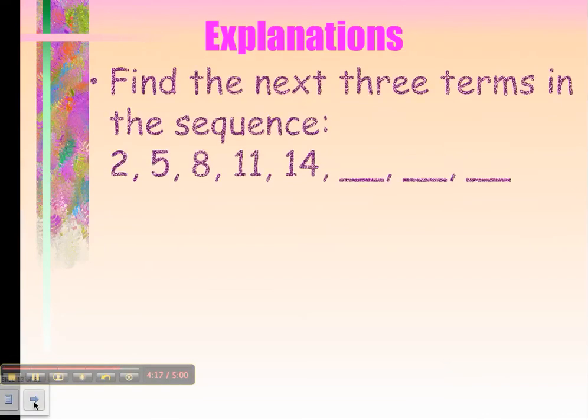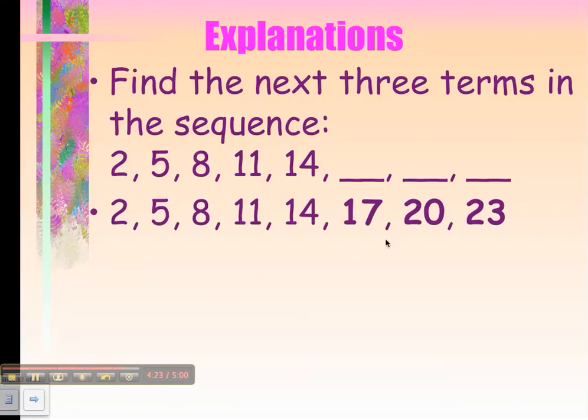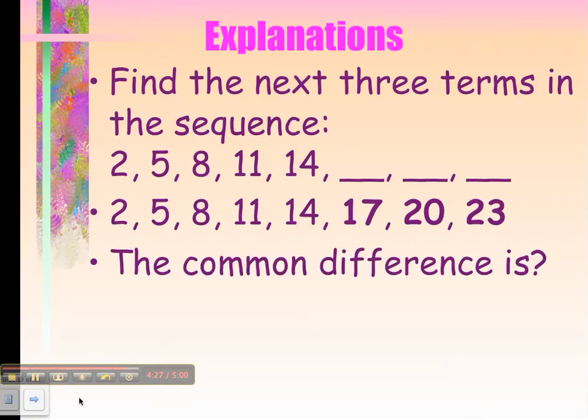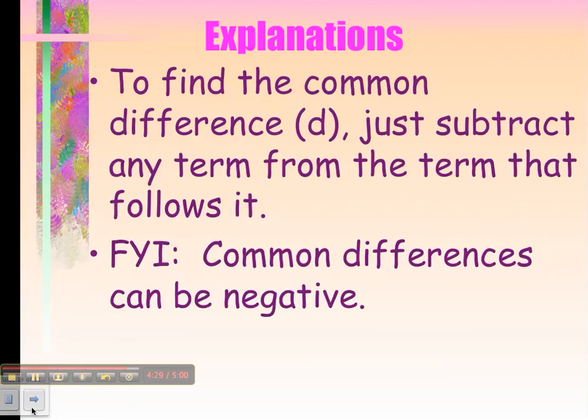So let's say I give you the sequence 2, 5, 8, 11, and 14. The next three terms would be 17, 20, and 23. And we know that because the common difference between the terms is 3. Now to find the common difference, all I have to do is subtract any term from the term that follows it. And keep in mind that these common differences may be negative.